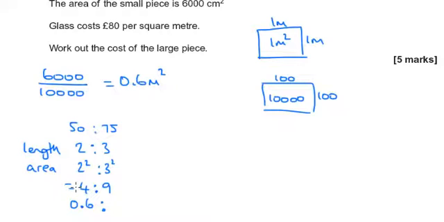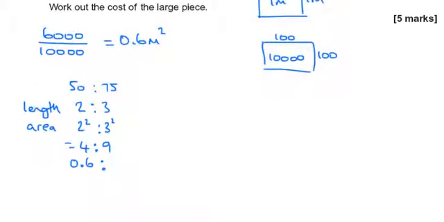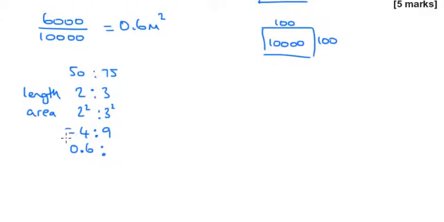Well, if we can work out what we've timesed or divided by to get from here to here, we can do the same to get from here to here. So what does 4 times by to get to 0.6?